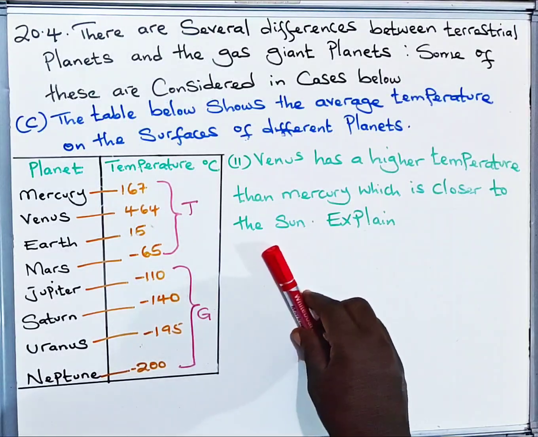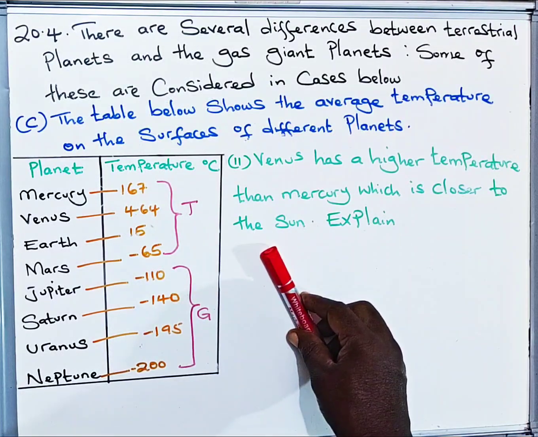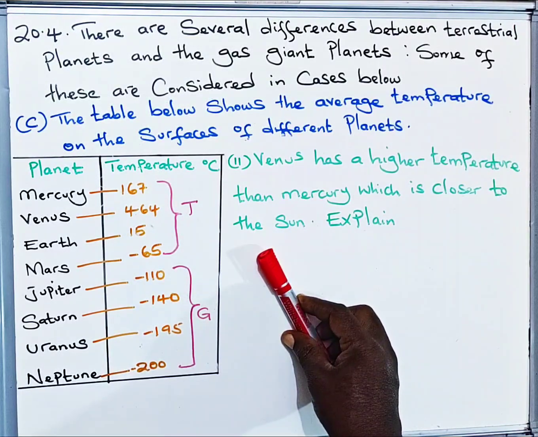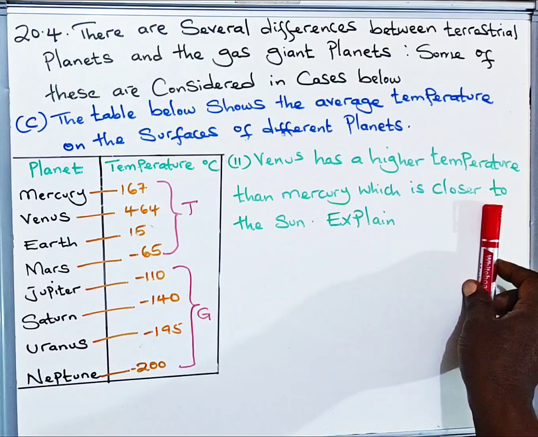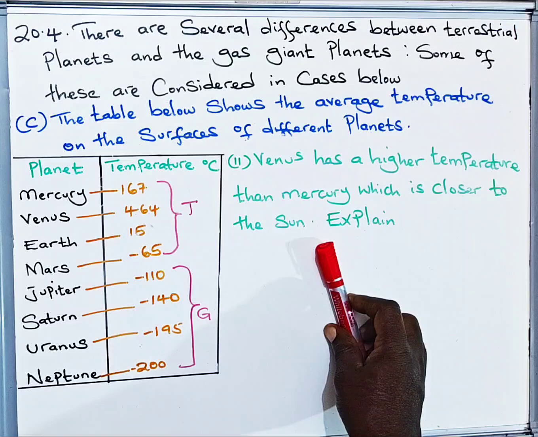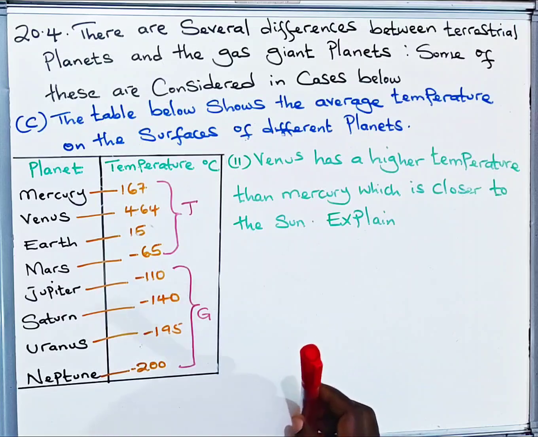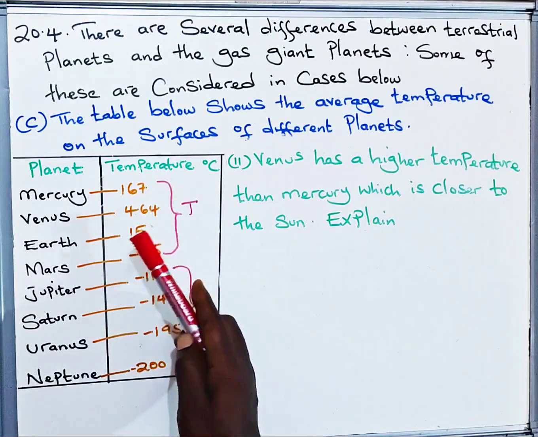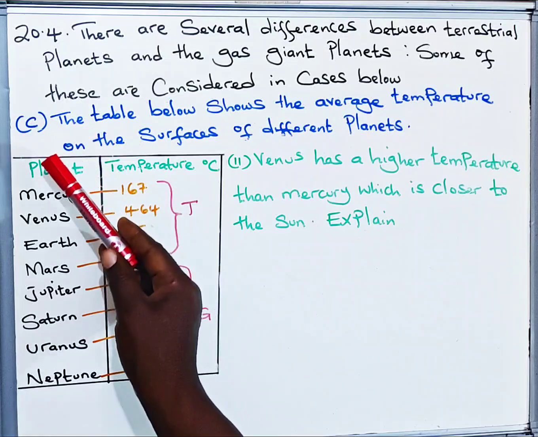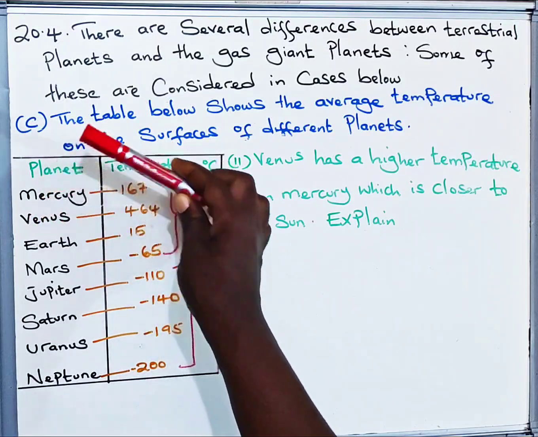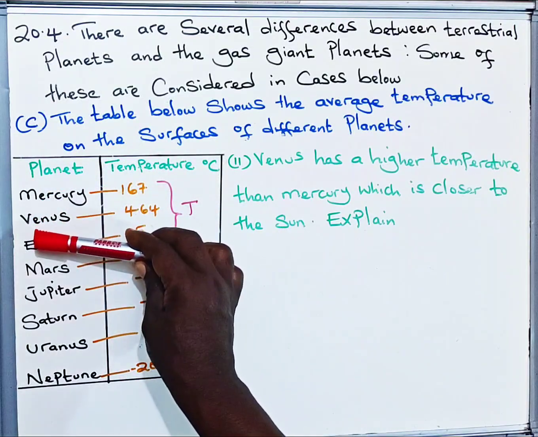Then we come to another question here. It says that Venus has a higher temperature than Mercury, which is closer to the sun. Explain. Remember, this is the order. The sun is here. So Mercury is closer to the sun compared to Venus.